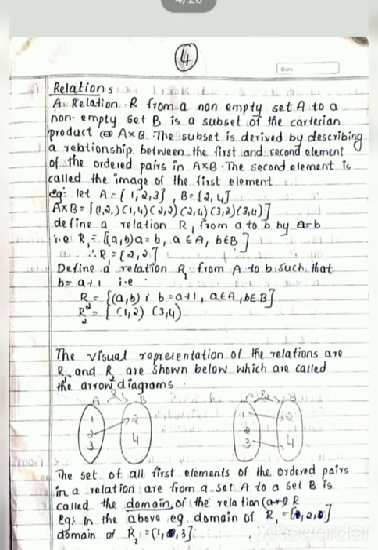And what is the domain of the relation R2? 1 and 3. 2 is not related to any of the elements there. So domain of R2 is {1, 3}.